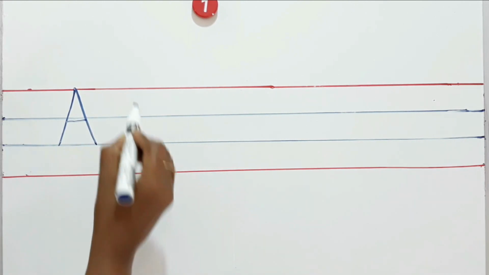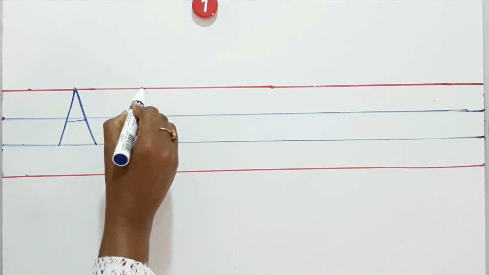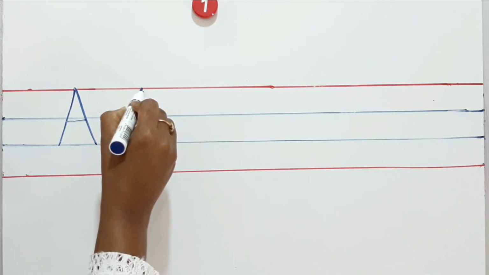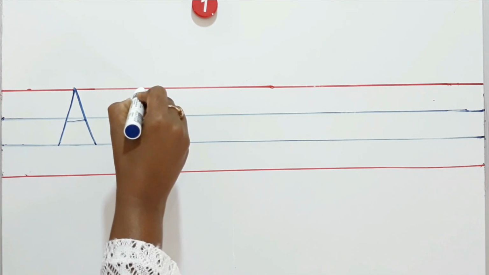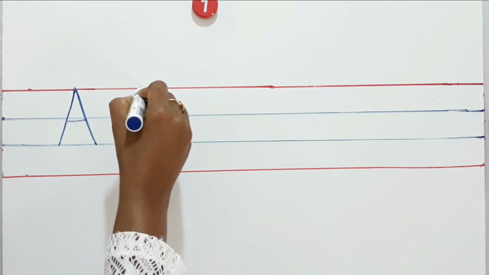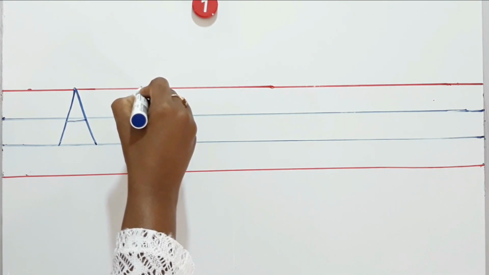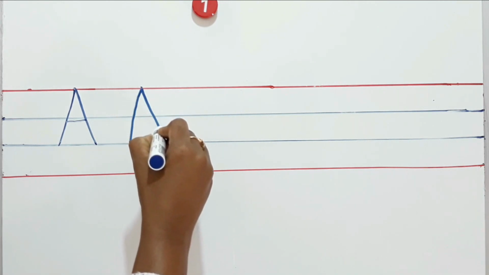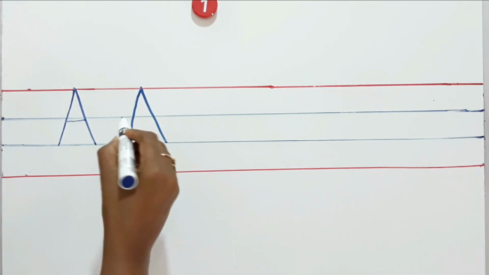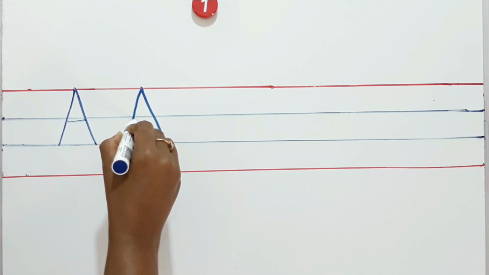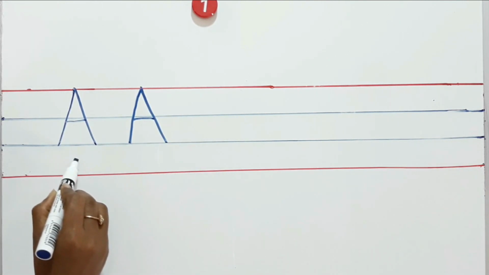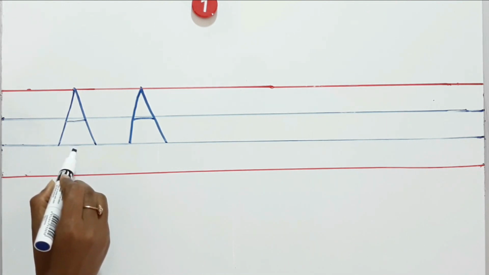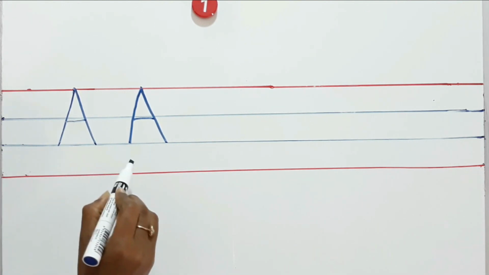One more time, starting from the first red line, come down to the second blue line, a slanting line. Go back to the top, again a slanting line, and come down to the second blue line. Join with a sleeping line. This is uppercase A, mother A, capital A.